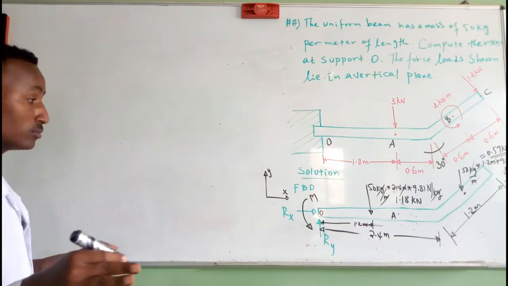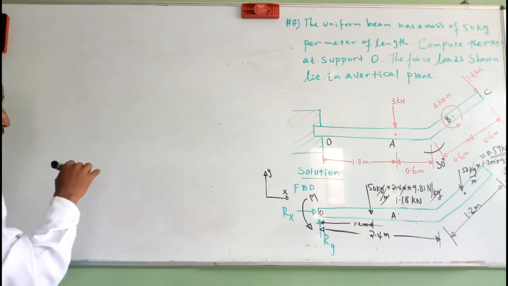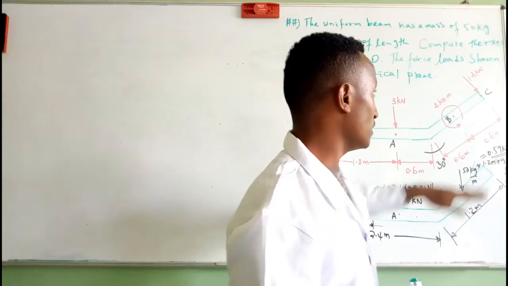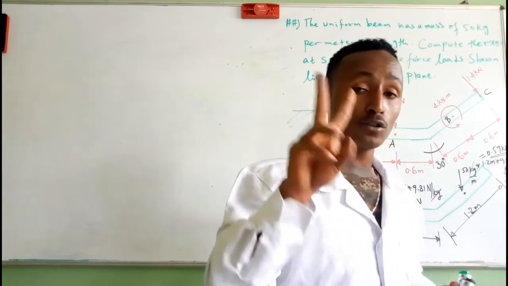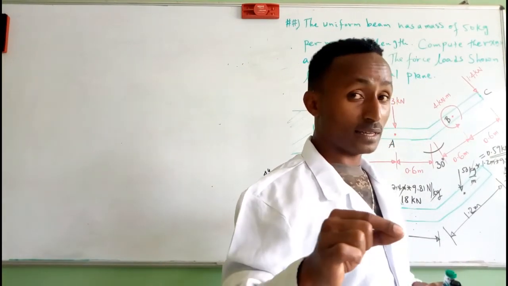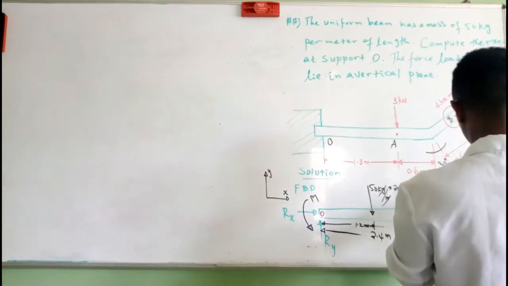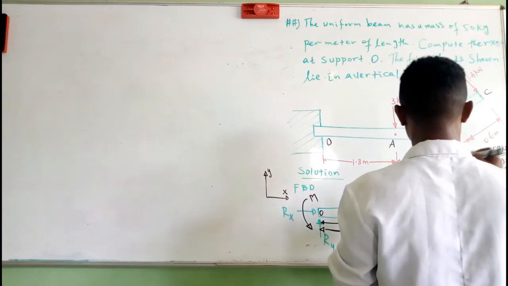Let us determine the reaction force, or let me determine Rx. At point C we have two forces, along the x direction and along the y direction. How can we resolve it?